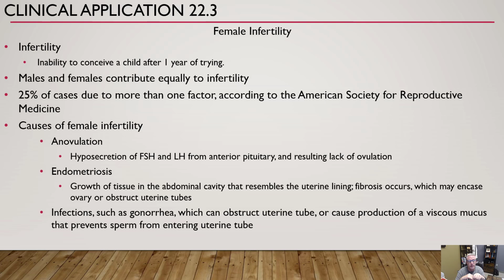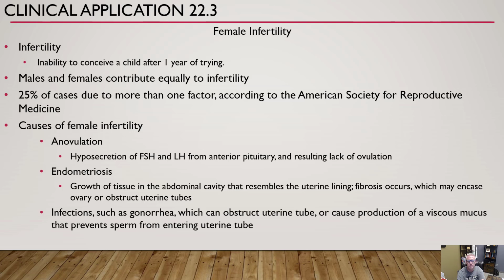Another thing that can contribute to infertility, though not necessarily a permanent effect, is exercise. If you look at gymnastics, a lot of younger gymnasts don't get their period until later in life, once they quit gymnastics, because they are exercising frequently.